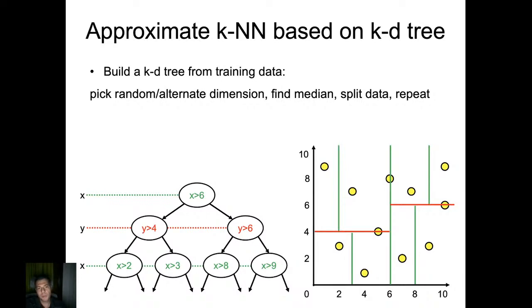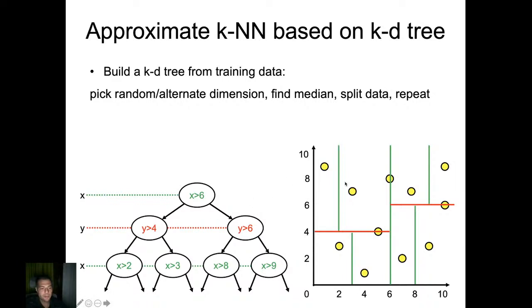So if you really want to focus on speed, you can build the entire KD tree. But here I'm just using these 3 levels.